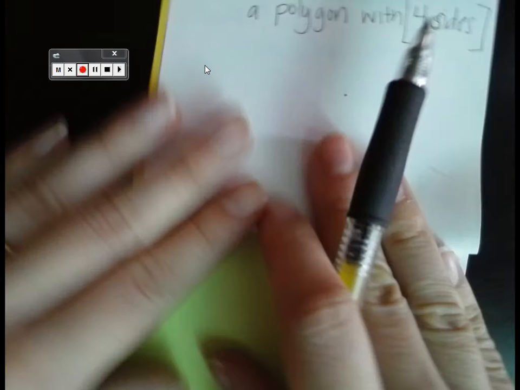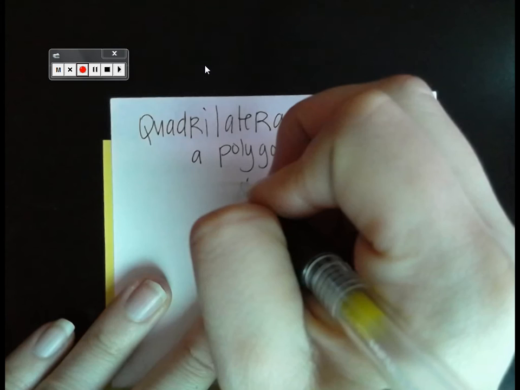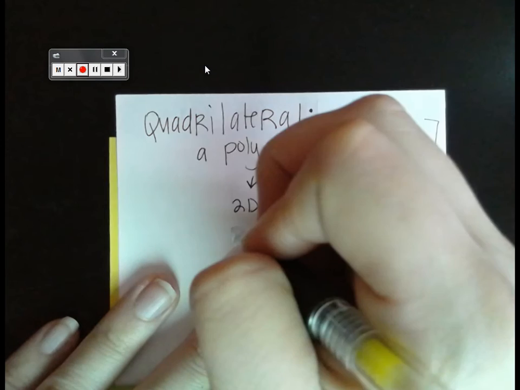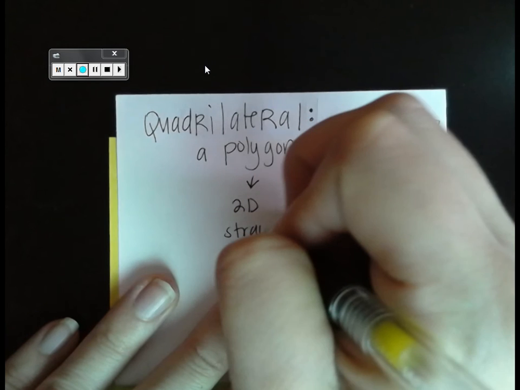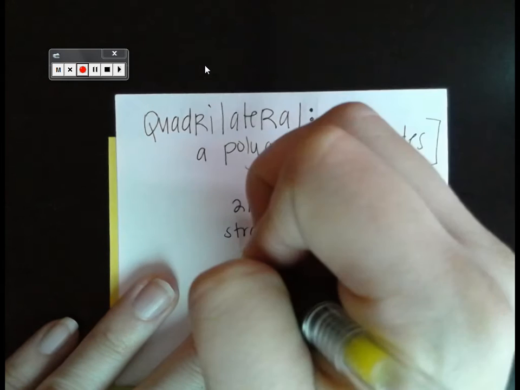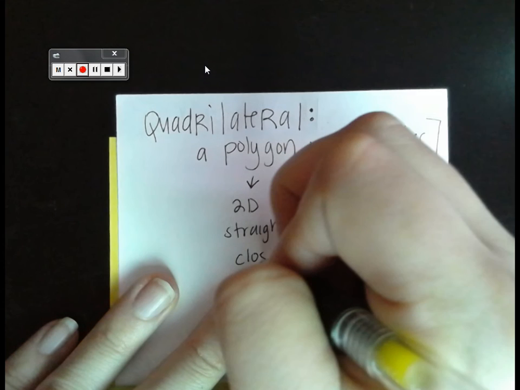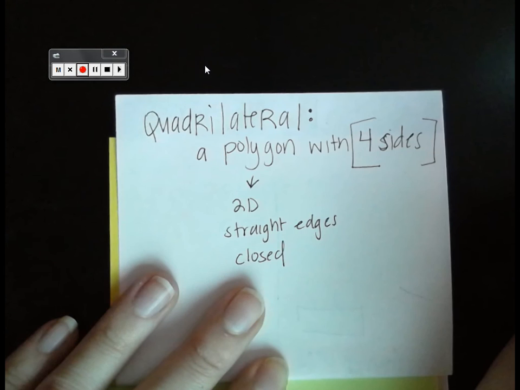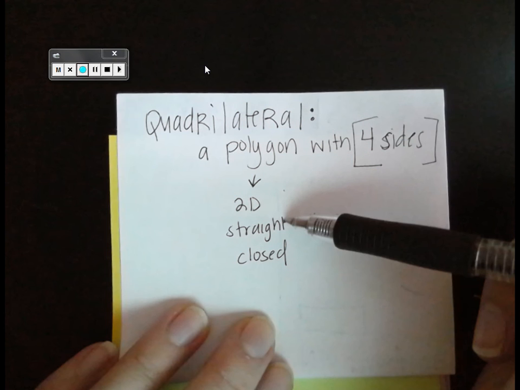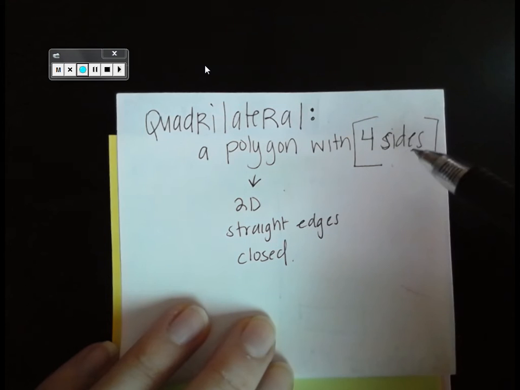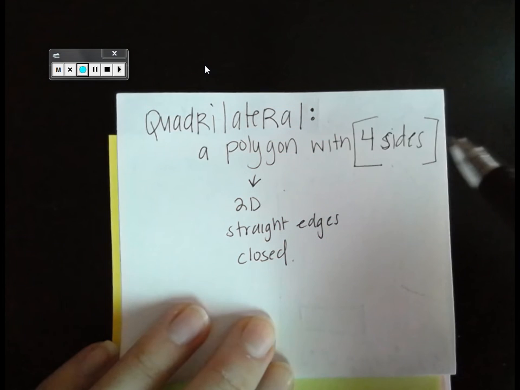So if it's a polygon, that means it's 2D. Please write this down. That means it has straight edges, and it's closed. So a quadrilateral is 2D, has straight edges, and it's closed, as I said, with 4 sides. This is what makes it different from all the other ones. This one has to have 4 sides.